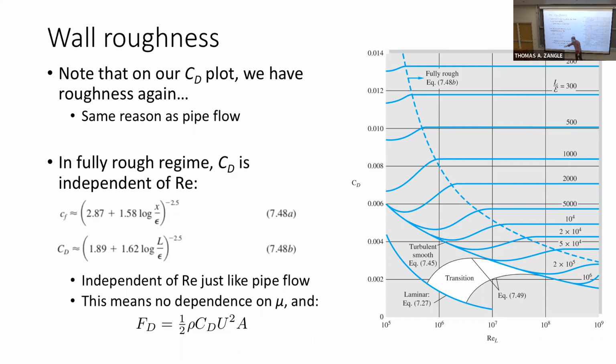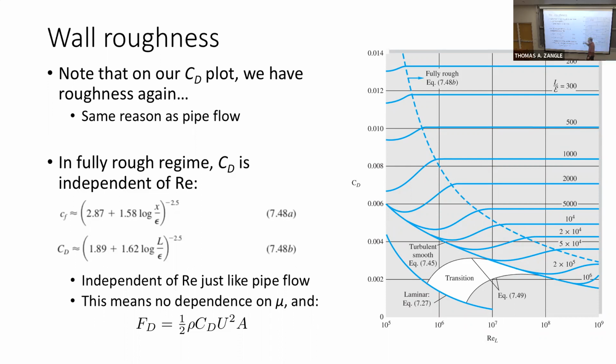As long as we're turbulent, the flow will be independent of Reynolds number. And so we can typically just write out one coefficient of drag, right? So if we have a flat plate with L over epsilon of 2000, like maybe that's what characterizes the table or something, then as long as we're in the turbulent regime, as long as the Reynolds number based on length is high enough, we'll just get one value for coefficient of drag.